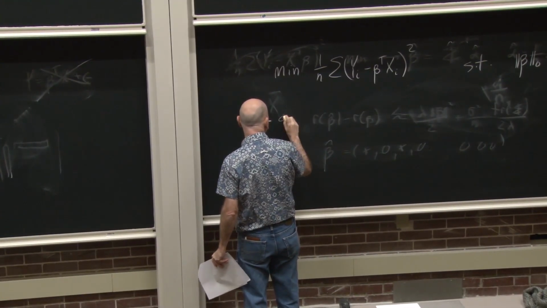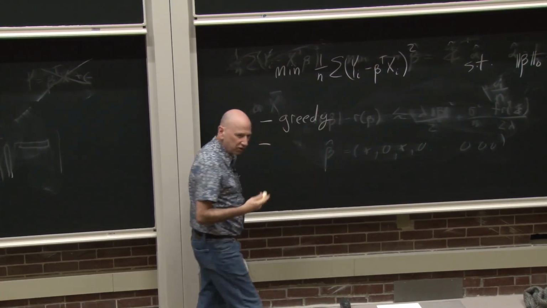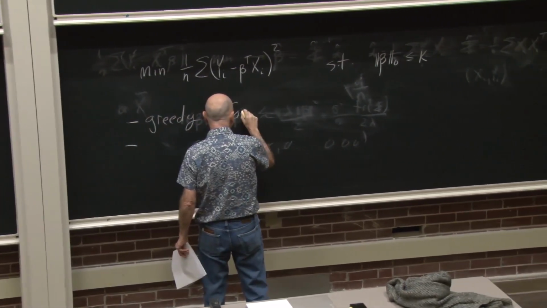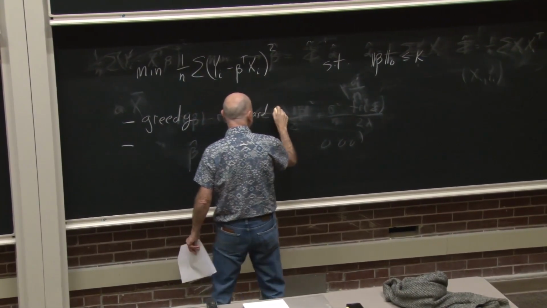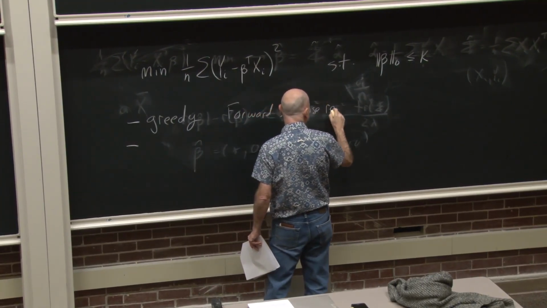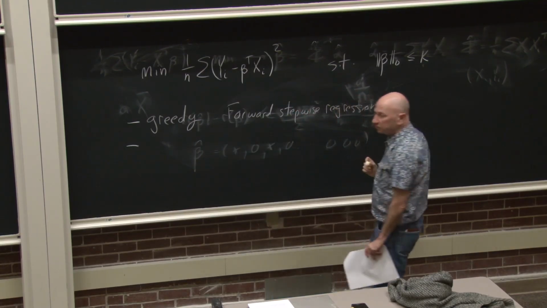The older approach, whenever you have a very difficult problem, one possibility is to try some sort of greedy approach, which in statistics is what's called forward stepwise regression, which I'll explain in a second. And again, when I was a student, this is what we did.